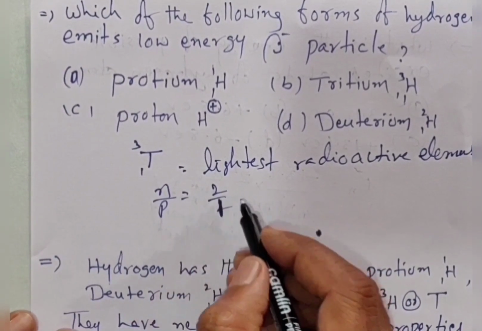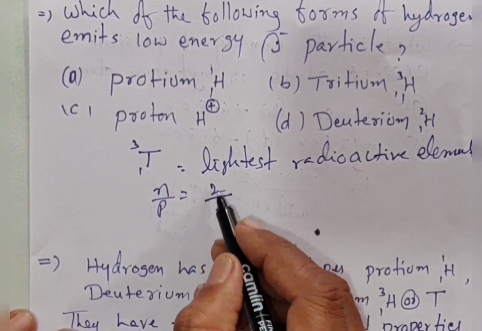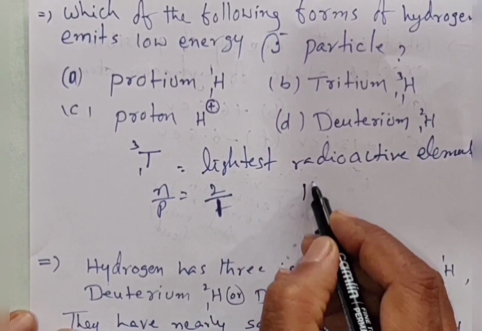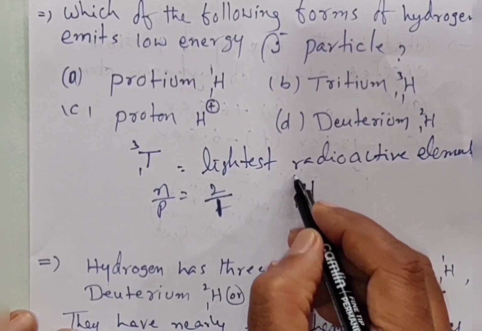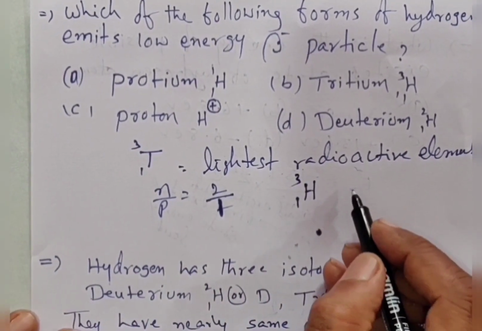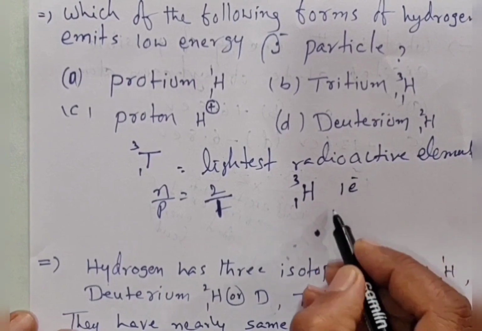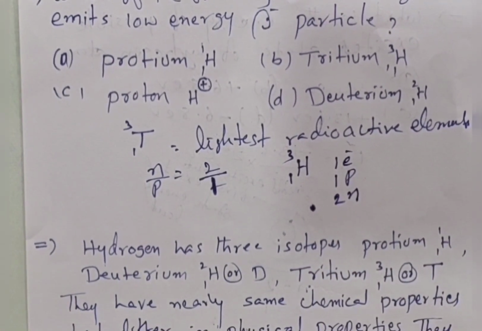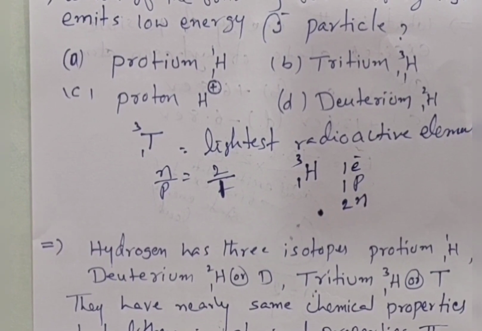N by P ratio is equal to 2 by 1. Number of neutrons 2, protons 1. Tritium has atomic number 1 and mass number 3, so it has 1 electron, 1 proton and 2 neutrons. That's why the N by P ratio is 2 by 1.